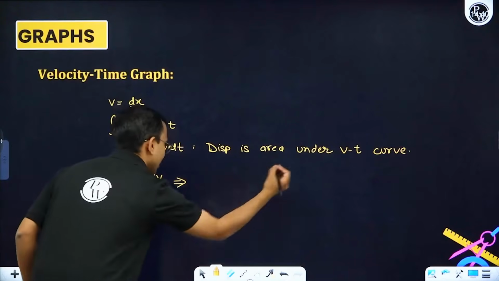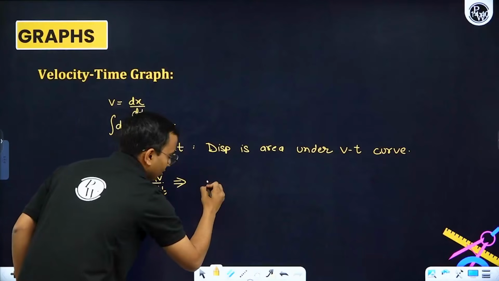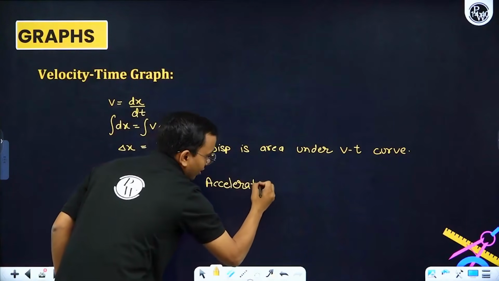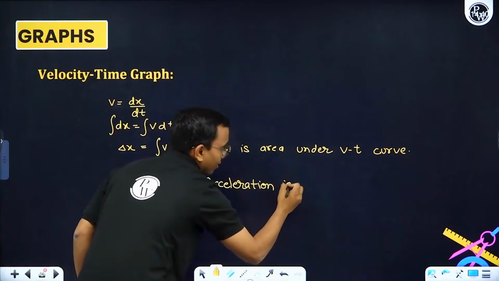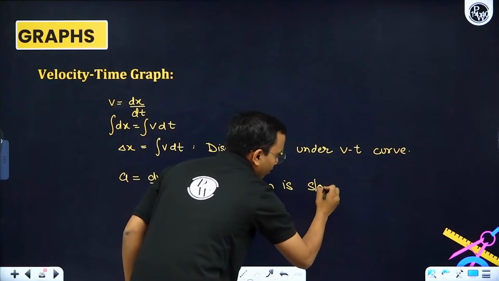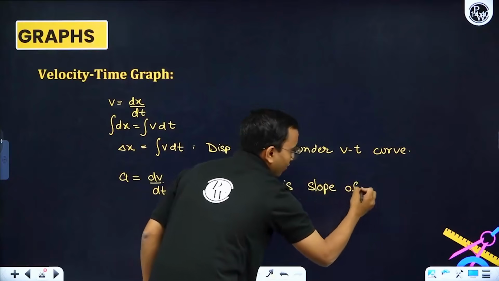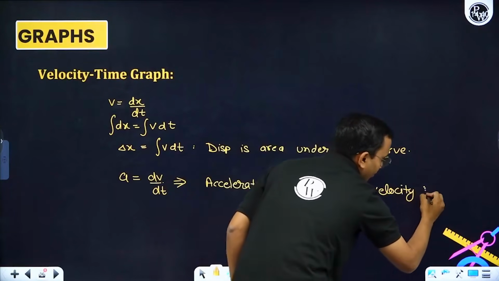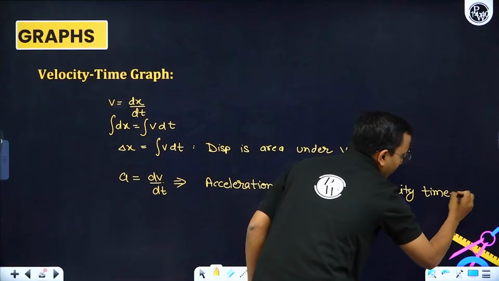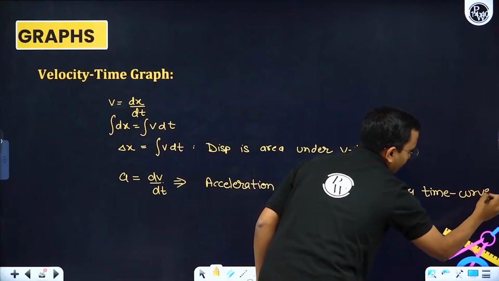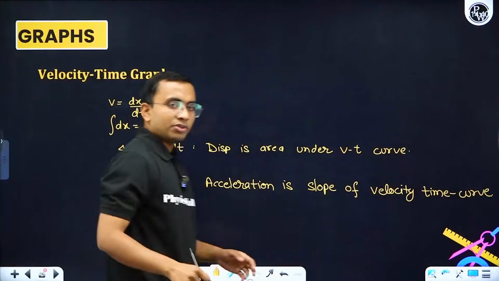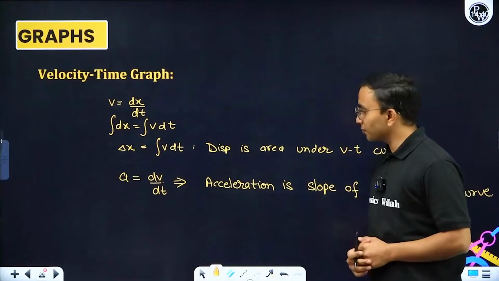So acceleration is the slope of the velocity-time curve. Got it? So this is what you need to understand from here.